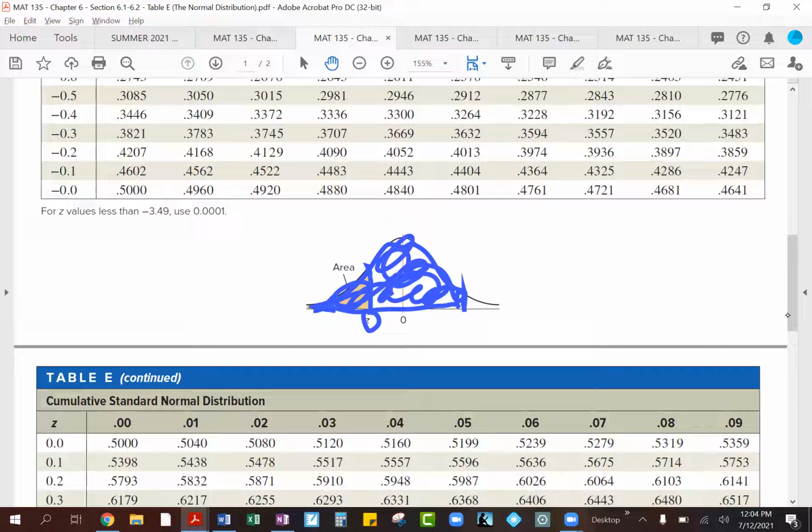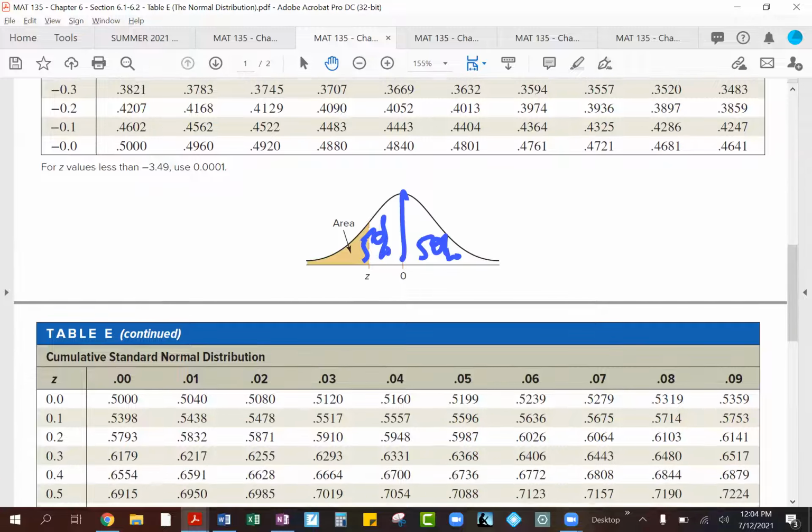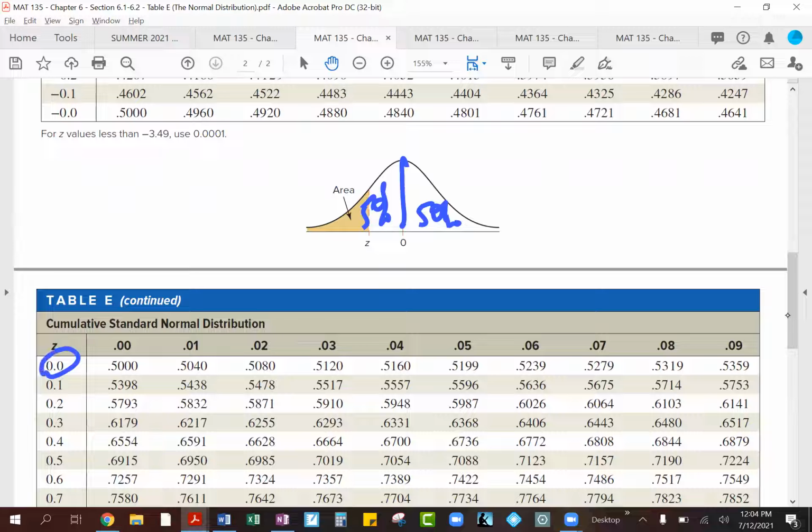So your mean, which falls in the center of your normal curve where you see the 0, breaks up this normal curve into, remember we talked about symmetry? The left-hand side is going to be 50% and the right-hand side is going to be 50%. So you will see right at the Z-score of 0.00, it is 0.5000, because that's your 50%.